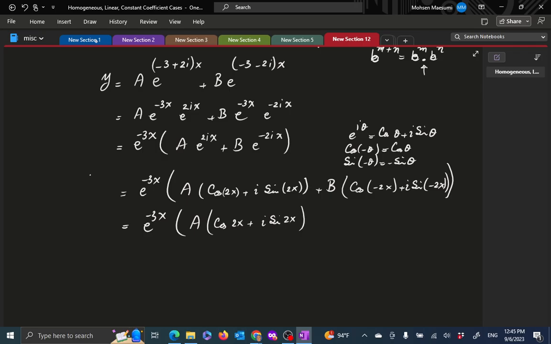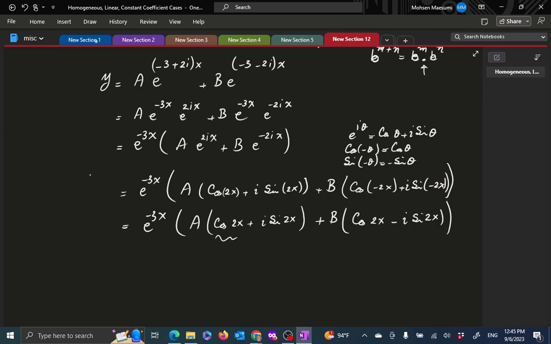I didn't put the parentheses, a bit of sloppy notation, but putting the parentheses makes it so crowded that you might get distracted. So we understand 2x is the input of cosine. Cosine of minus 2x is the same as cosine of 2x. Sine of minus 2x is the same as minus sine of 2x.